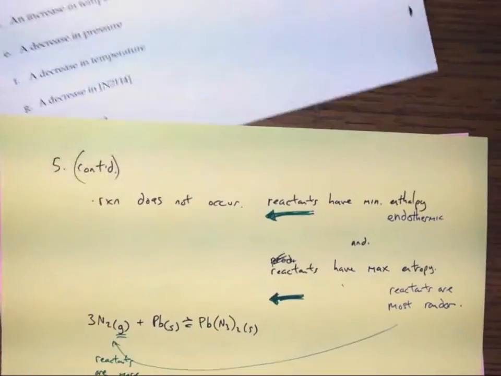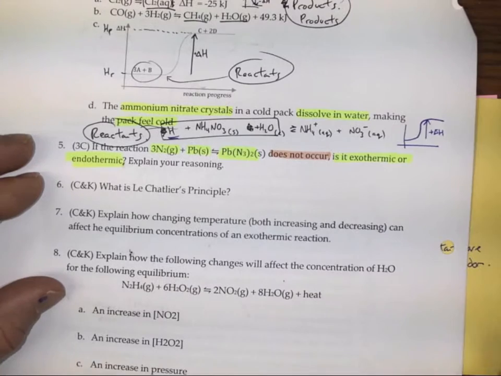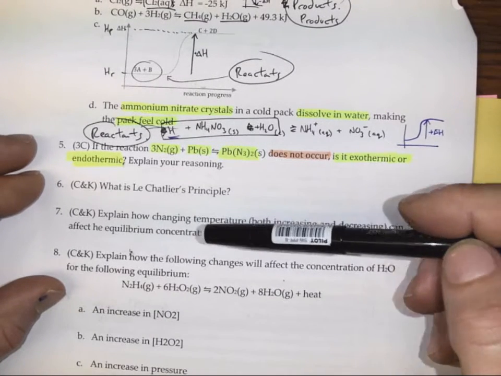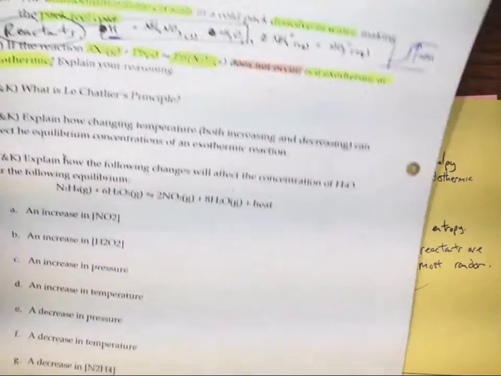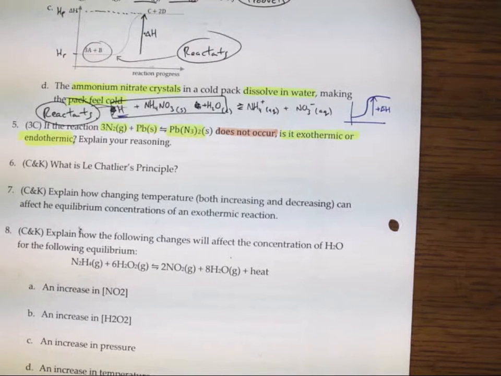So moving on, we'll go on to question 7. Explain how changing temperature can affect equilibrium concentrations of an exothermic reaction. All right. So I'm just going to get a new piece of paper here.